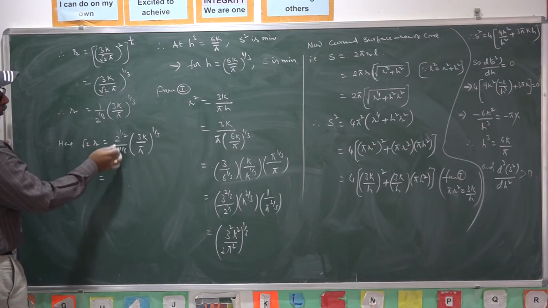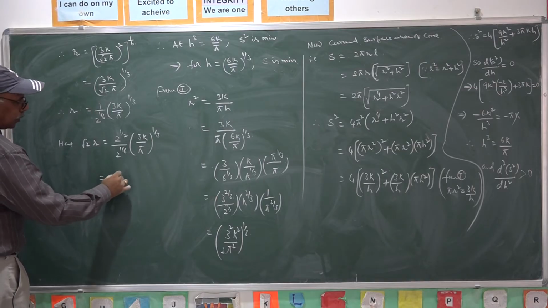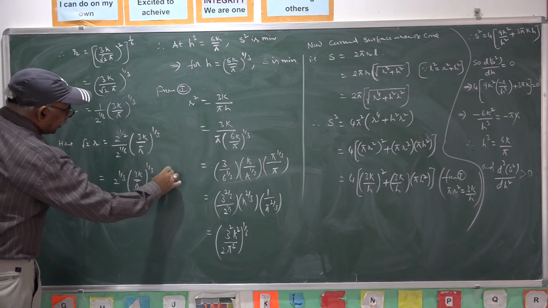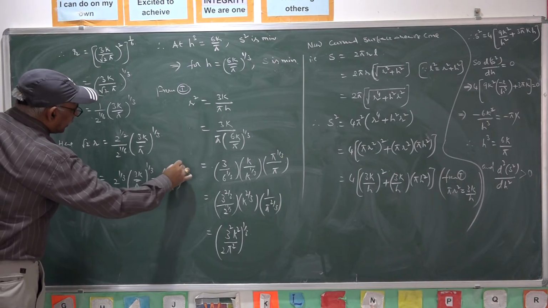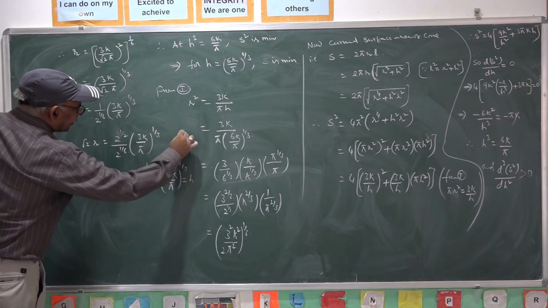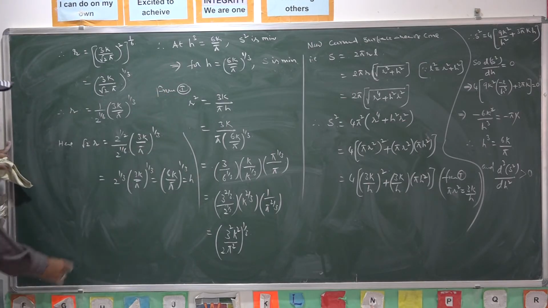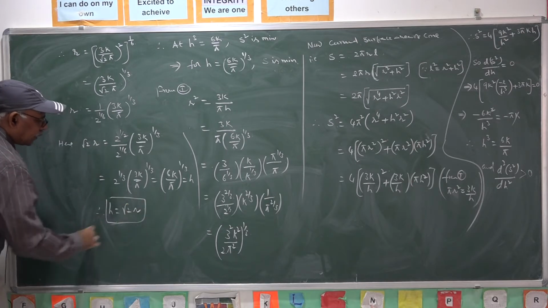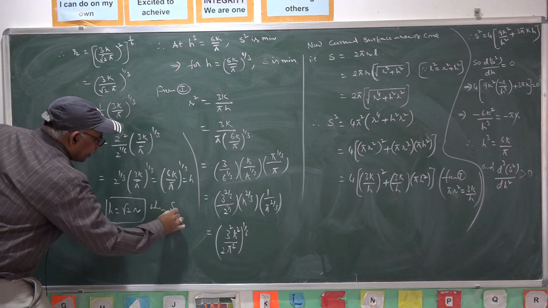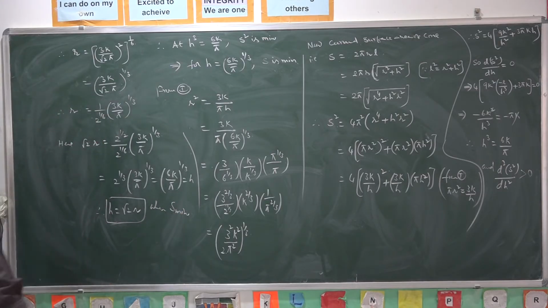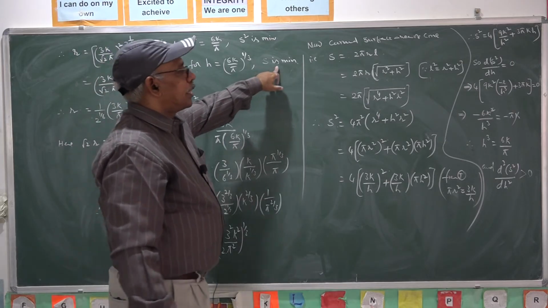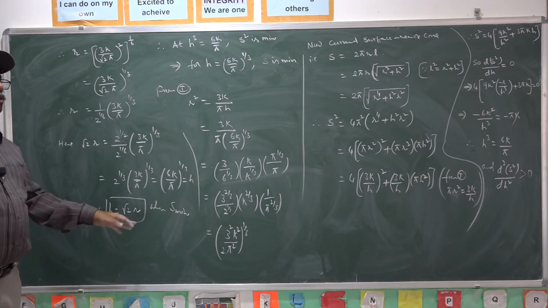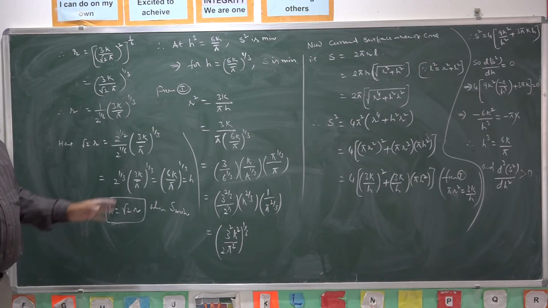From these two we get 2 power 1 by 3 into 3k by pi whole power 1 by 3, which may be written as 6k by pi whole power 1 by 3, which is h. So therefore h equal to root 2 r once S is minimum. If S takes its minimum, h is this one, r is this one. So h equals root 2 times r once S is minimum.